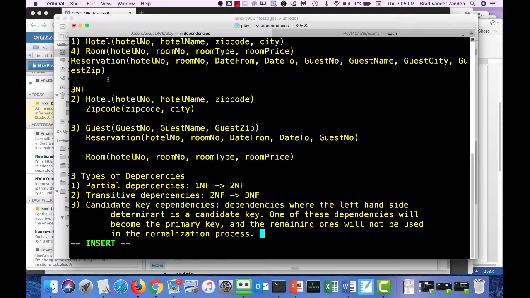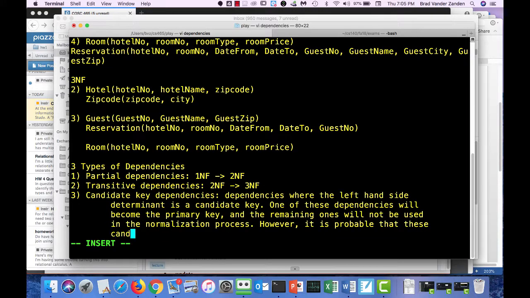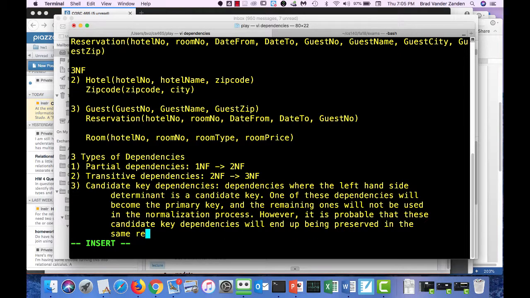However, it is probable that these candidate key dependencies will end up being preserved in the same relation as the primary key dependency.